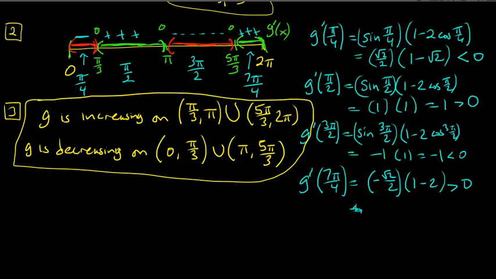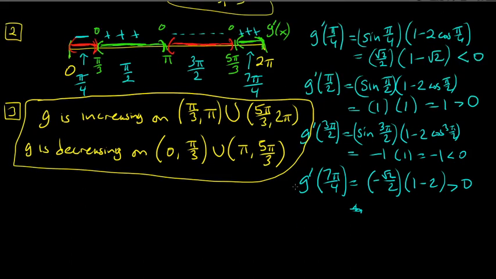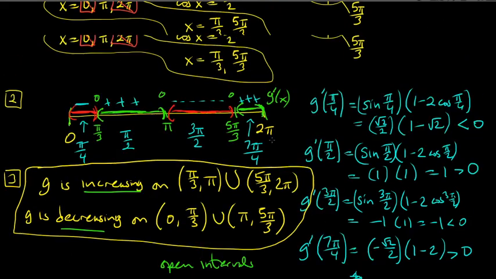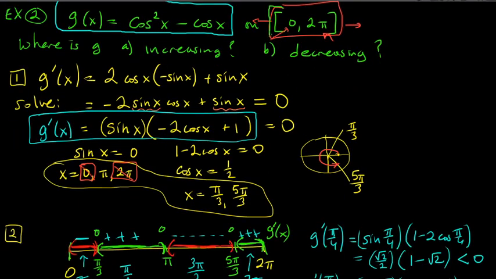Okay. Oh, also notice that all of these intervals are open intervals. When you're describing increasing or decreasing or constant, always use open intervals. Right. In other words, parentheses, no brackets, right? Even though in the original question, this was the closed interval.